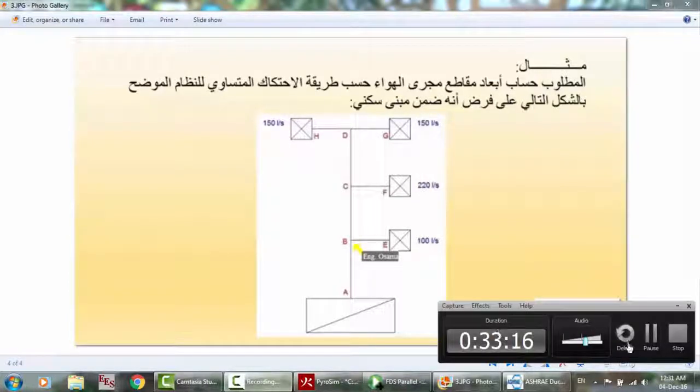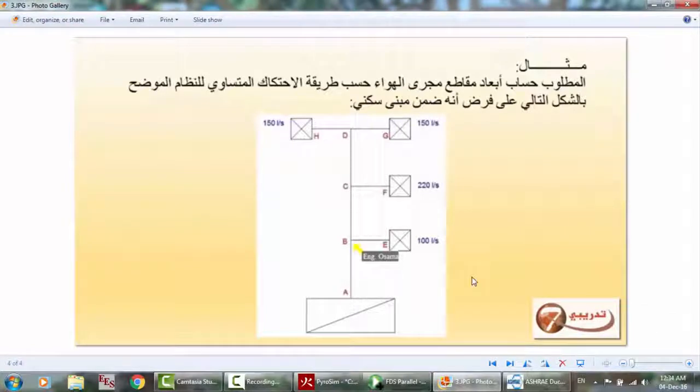Again, to sum up, suppose that we have the total pressure loss from A to G 20 pascals, and from ABE 18 pascals. So we have 2 pascals more here. This means that the flow rate that will enter this room will be more than 100 liter per second, and here will be lower than 150 liter per second.